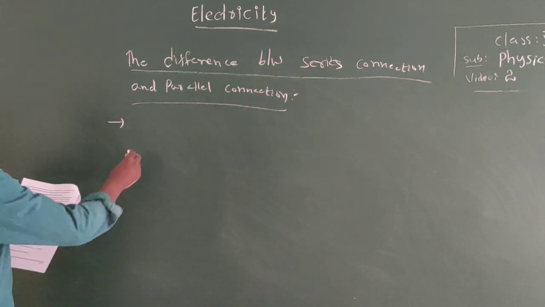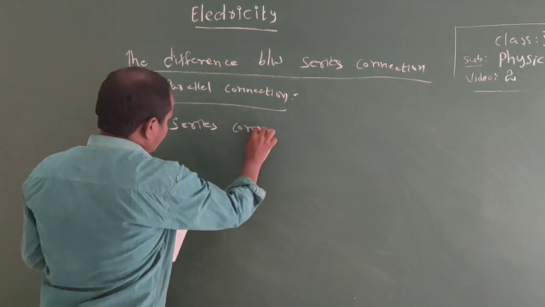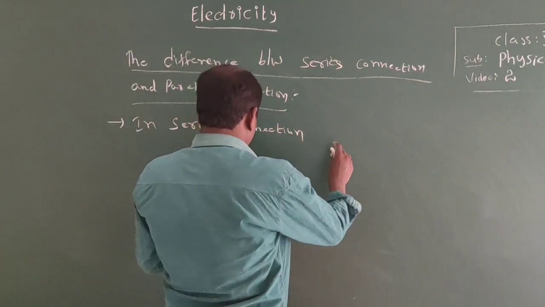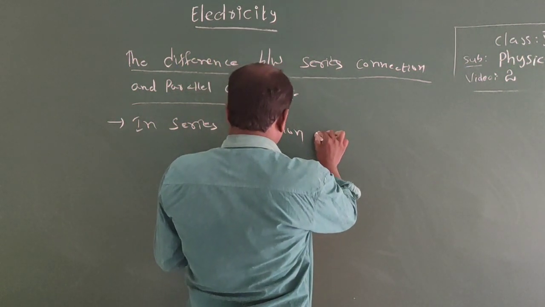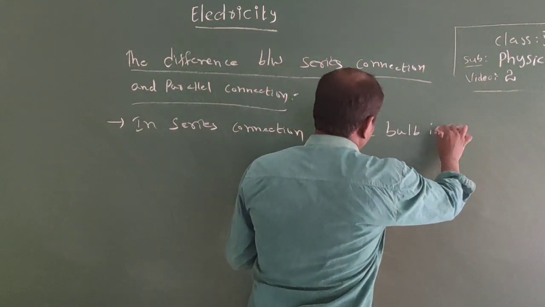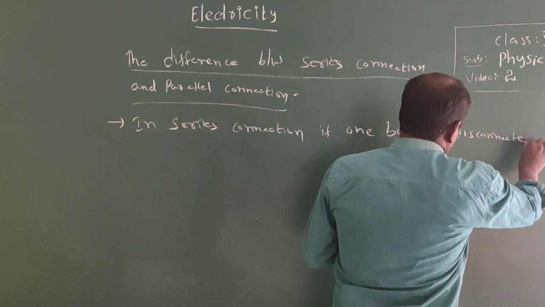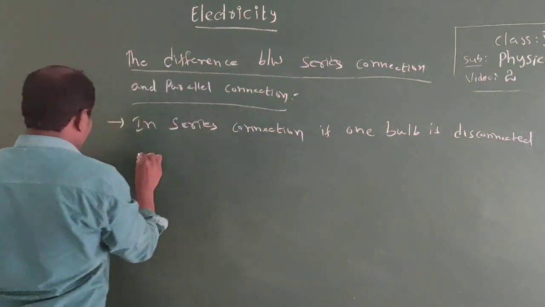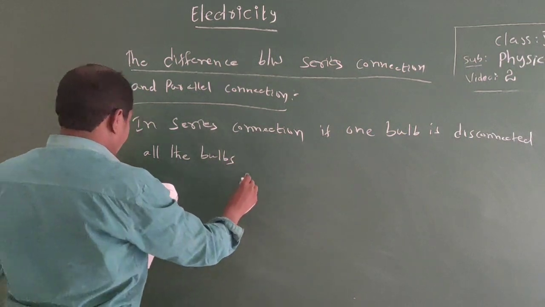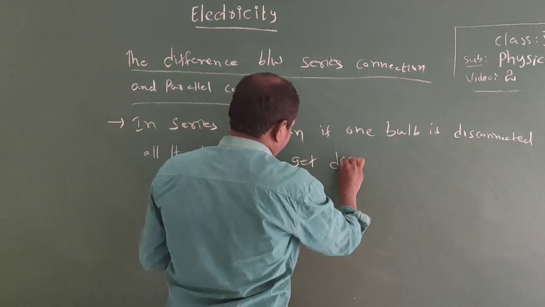In series connection, if one bulb is disconnected, all the bulbs also get disconnected.